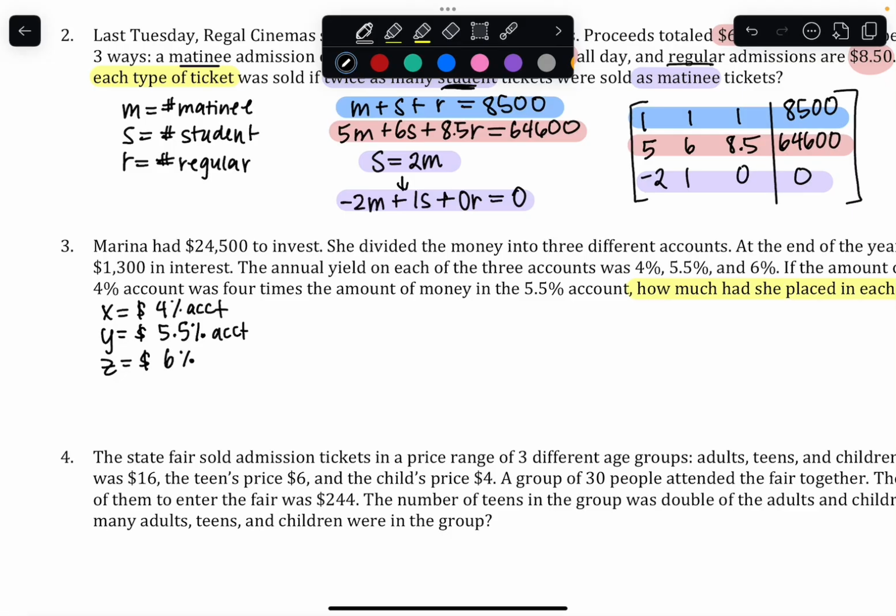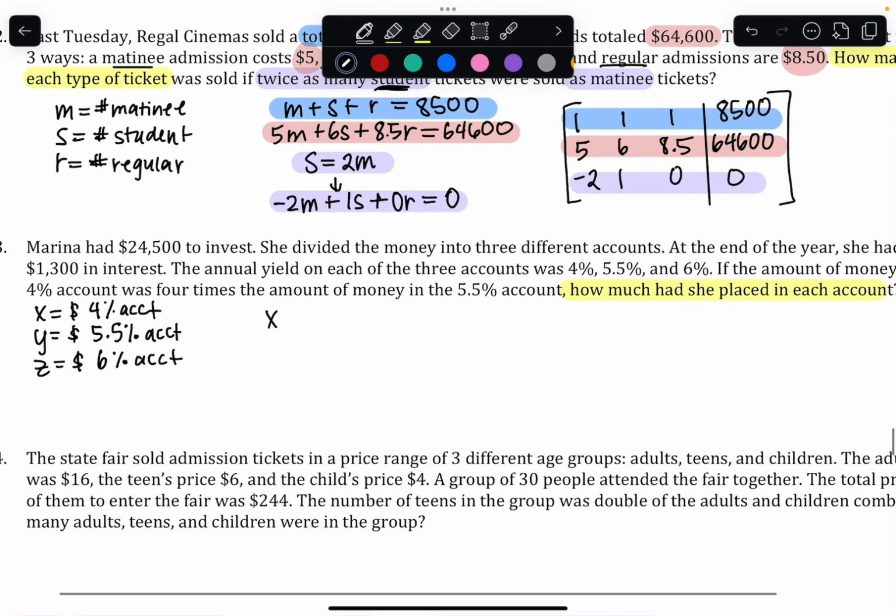And then Z for the amount in the 6% account. Okay, and so if we add up all of these amounts together, she invested a total of $24,500.